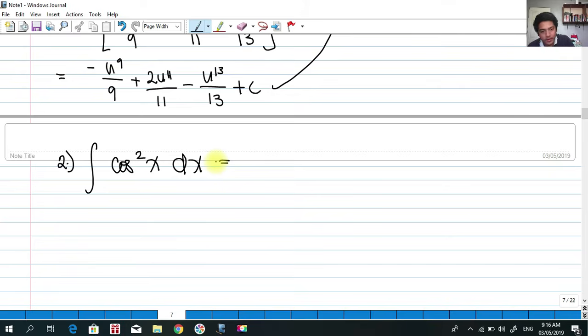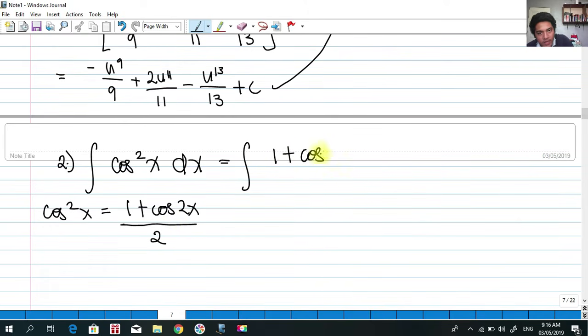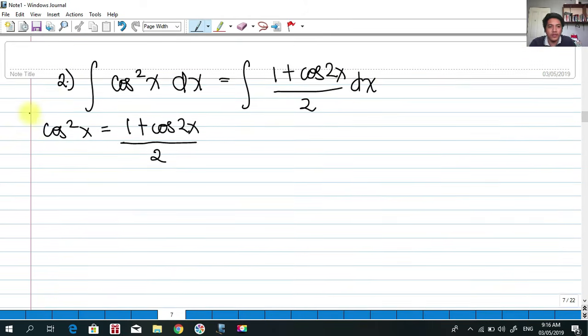The identity that cosine squared of x is basically equivalent to 1 plus cosine 2x over 2. Okay? So we have now the integral of 1 plus cosine 2x over 2 dx. And from that, we can integrate it separately.